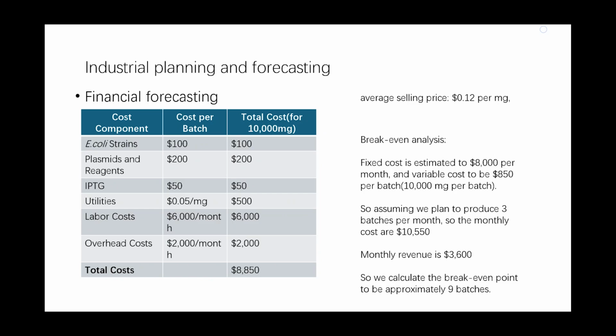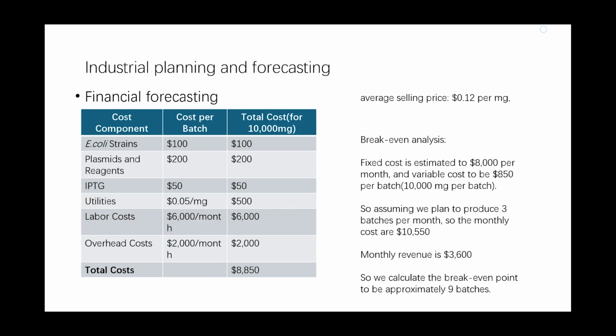And apart from the costs, by consulting the market statistics, we can draw the conclusion that the average selling price will be $0.12 per milligram. That is a fair price.